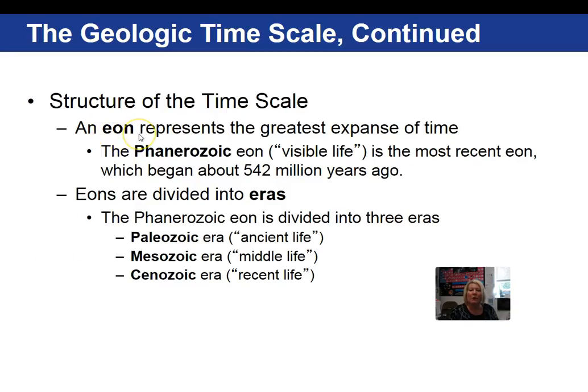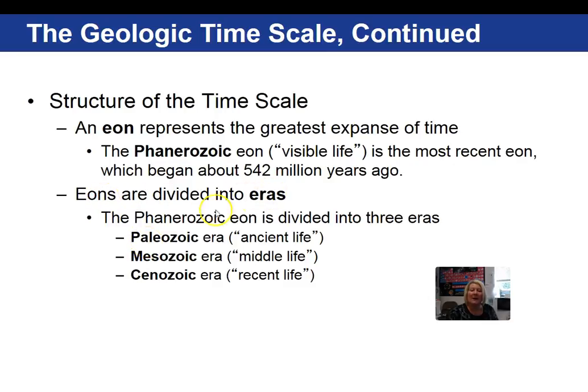With the eon, the greatest expanse of time, the Phanerozoic eon is the most recent eon, and in fact what we live in. If you remember back in the igneous rock chapter, phaneritic texture, phaner meant visible. Well, Phanerozoic, phaner means visible, zo is life.